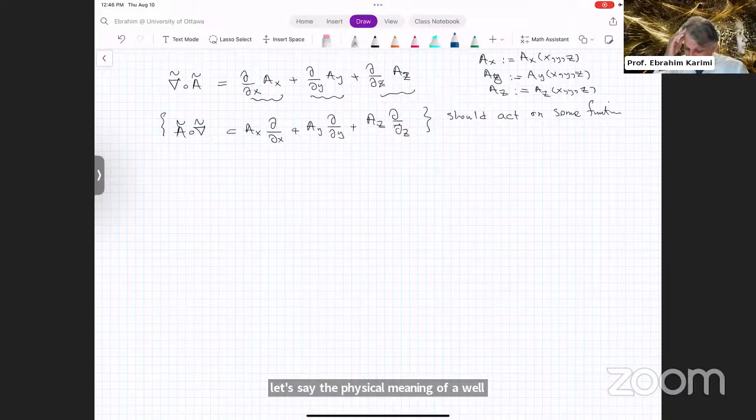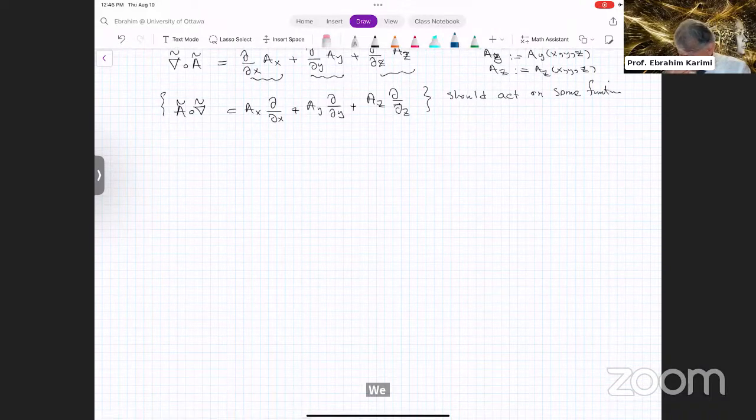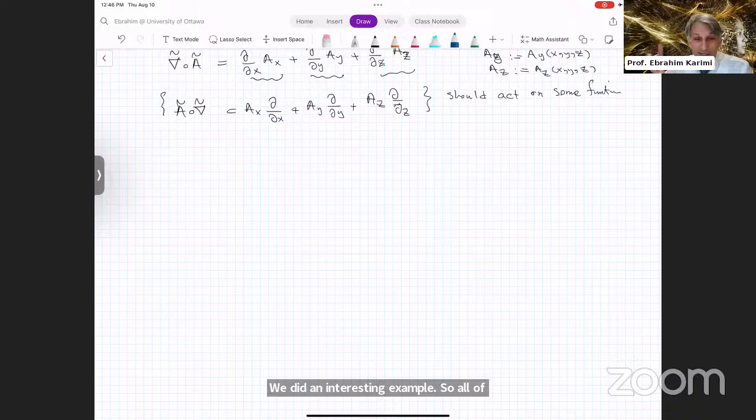Let's go with an interesting example. All of us have been in mountains or at the sea, and sometimes we see water flowing on the ground, in the form of a spring or a river.